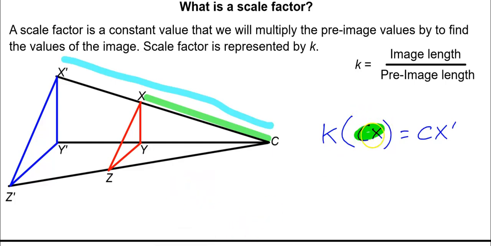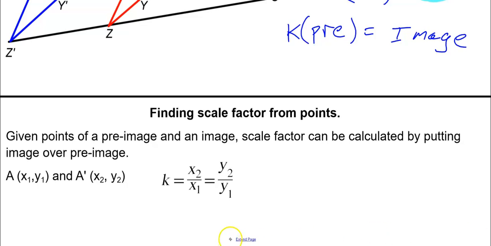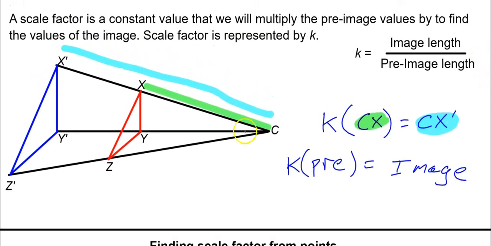So my scale factor times the pre-image equals the image. So K times the length of my pre-image equals the image. To find K, you would just do the length of blue over the length of green. And it's any blue over any corresponding green.